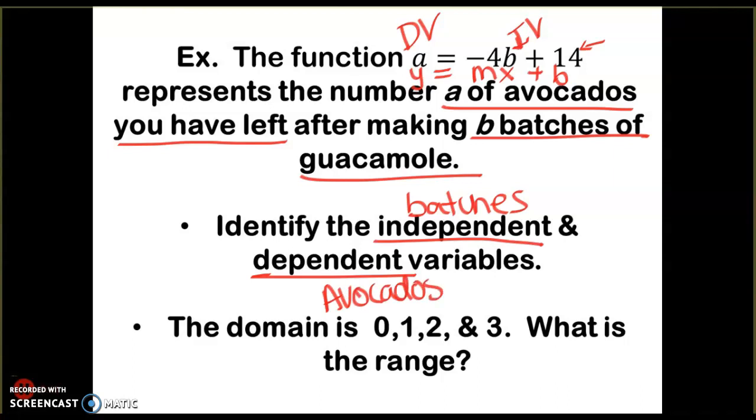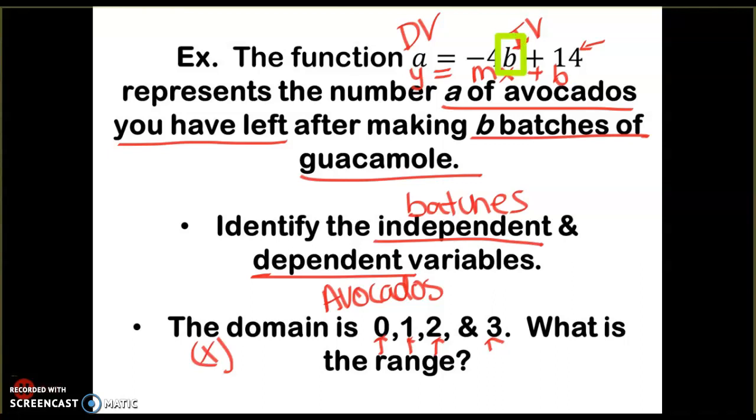So when we talk about our domain or our x values here, we're talking about 0, 1, 2, 3. We need to figure out what the range of those is. Remember, these are our x values, and we're given an equation in which the x values represent the b value. I could actually plug this in and figure this out.